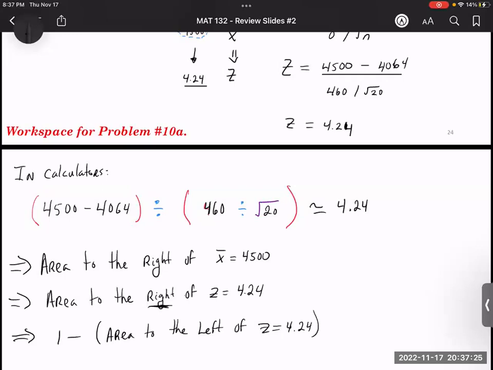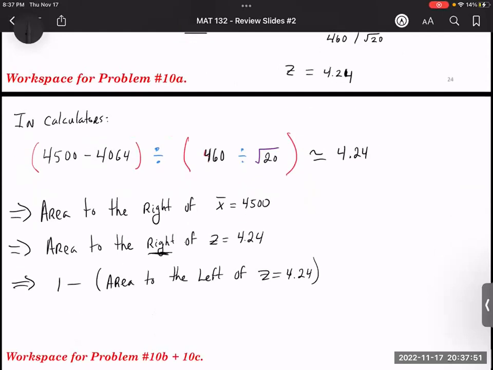Yeah, but isn't it like anything greater than like? That's right. Hold on. You see, the thing is, on the z table itself, this value 4.24 is not going to be there. Any z value that is bigger than 3.49, you use the area 0.9999, right? It's 0.9, but there's 4 of them. So you get 1 minus 0.9999, which is equal to, well, do the math.